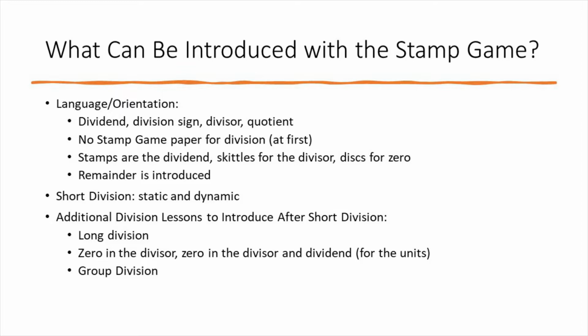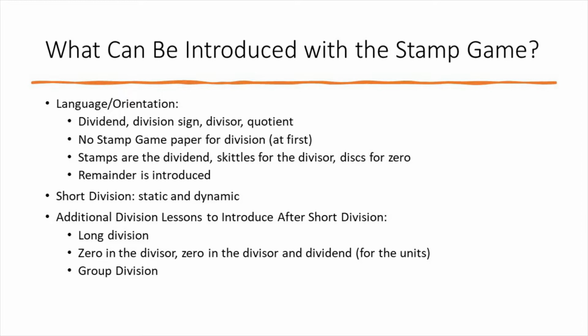The language for the stamp game: our large number that we want to share equally, our large number is our dividend. So we're going to point that out to the child. And then we're going to show them the division sign. So we're going to show them what that looks like, which means that we're writing it on regular paper and we're not doing the stamp game paper this time because we want to show the division sign, the symbol for it. And then we're going to show them what the divisor is.